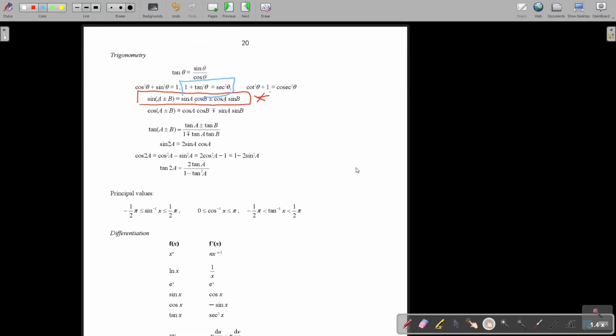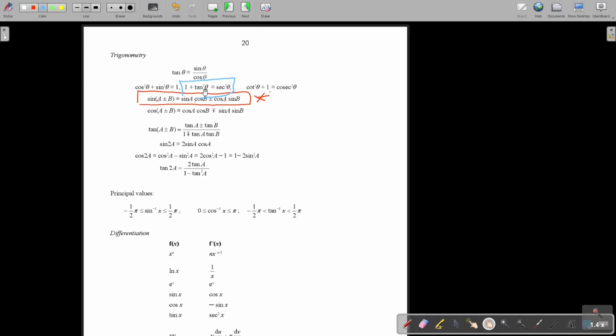Sec squared theta, but don't replace theta, since the question states x. So instead of theta, you will just say 1 plus tan squared x is equal to sec squared x.